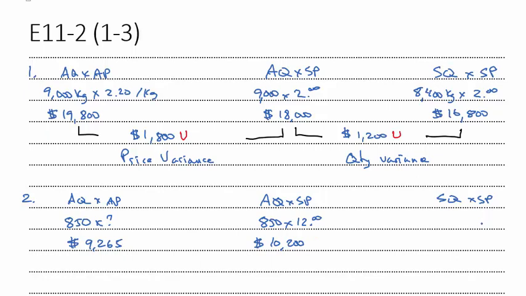And then we know the standard price is 12 bucks an hour. What's the standard quantity? It says 0.4 hours per unit, and we're making 2,000 units, so 2,000 times 0.4 is 800 hours. And the standard price again is 12 bucks per hour. Doing the math, $9,600.